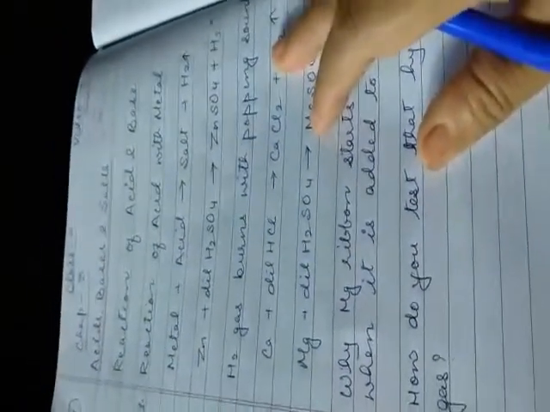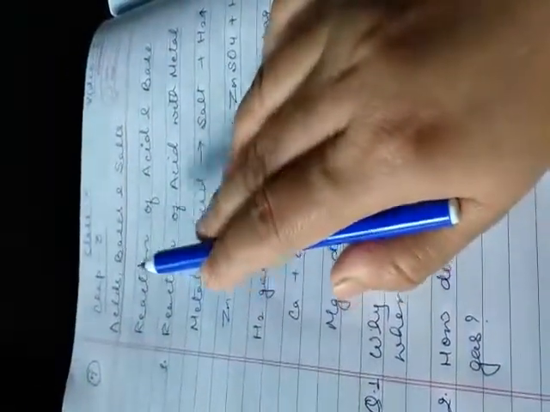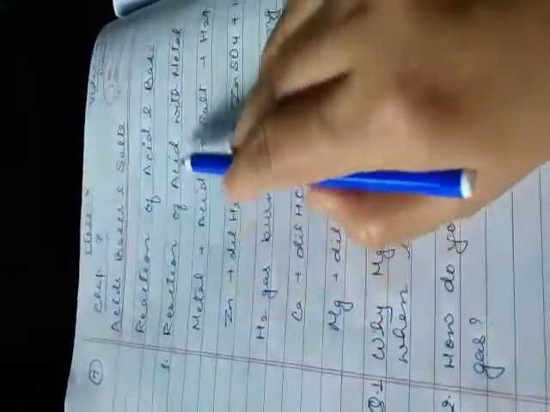This is very important in this chapter and in the next chapter. These reactions are very important, very important. You know that the first reaction is the reaction of acid with metal.